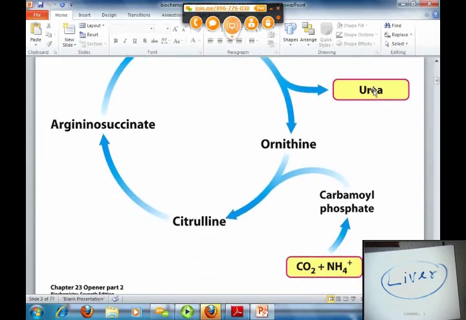How is urea formed? That's a typical question for biochemistry majors, and that's the urea cycle. A person got a Nobel Prize for the determination of the urea cycle, because that's the key pathway involved in the removal of amino groups.